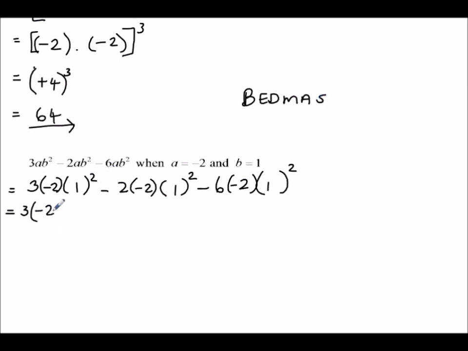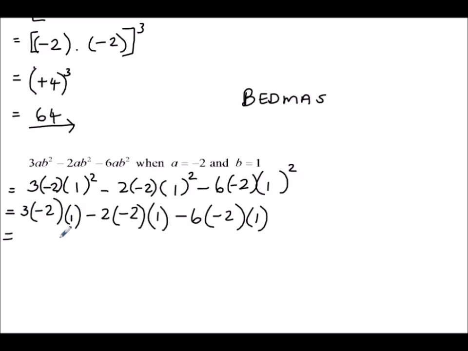So I have negative 2. 1 to any power is 1. Here I have negative 2 multiplied by negative 2. 1 to any power is 1 minus 6 multiplied by negative 2. 1 to any power is 1. Right, let's simplify.